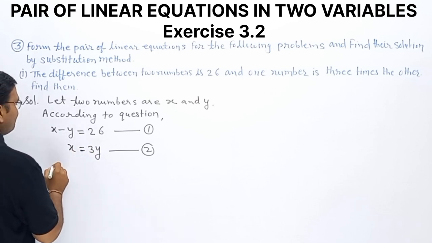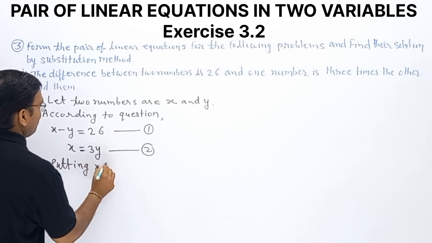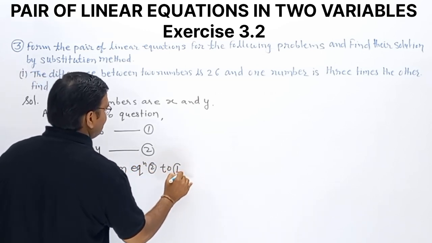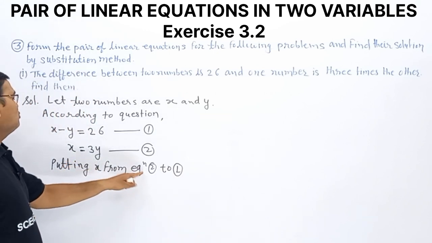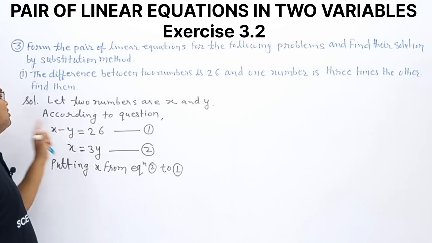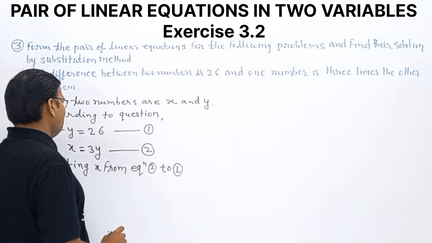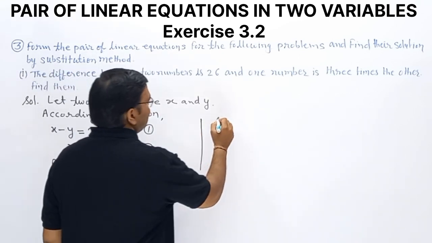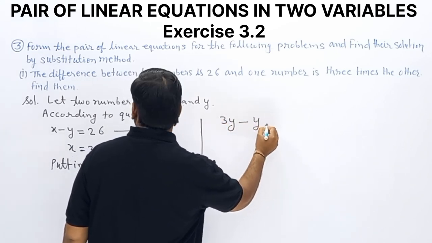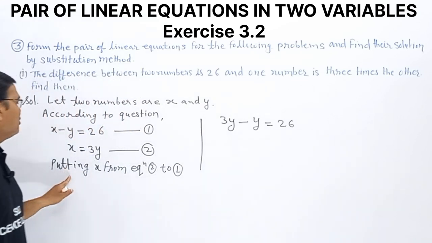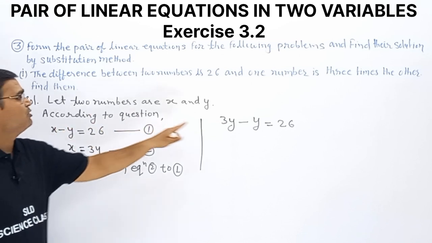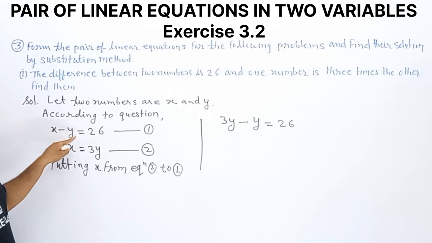So putting x from equation 2 into equation 1, we put x as 3y. Then we get 3y minus y equals 26.